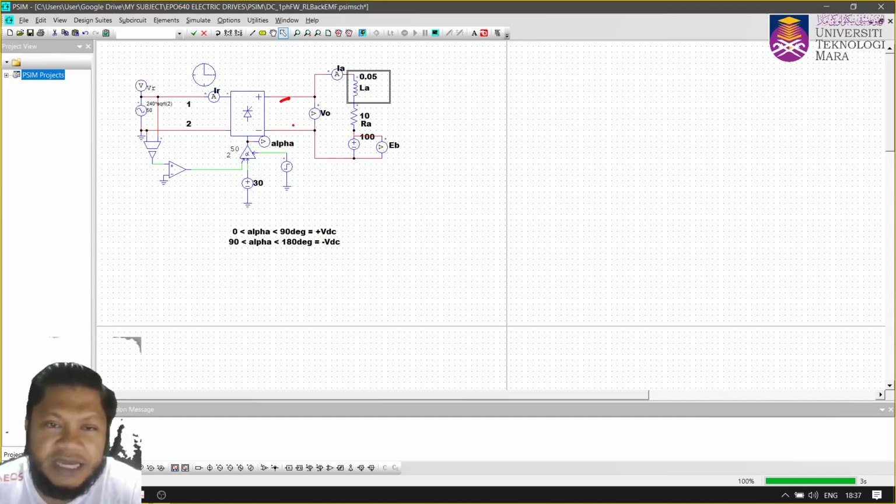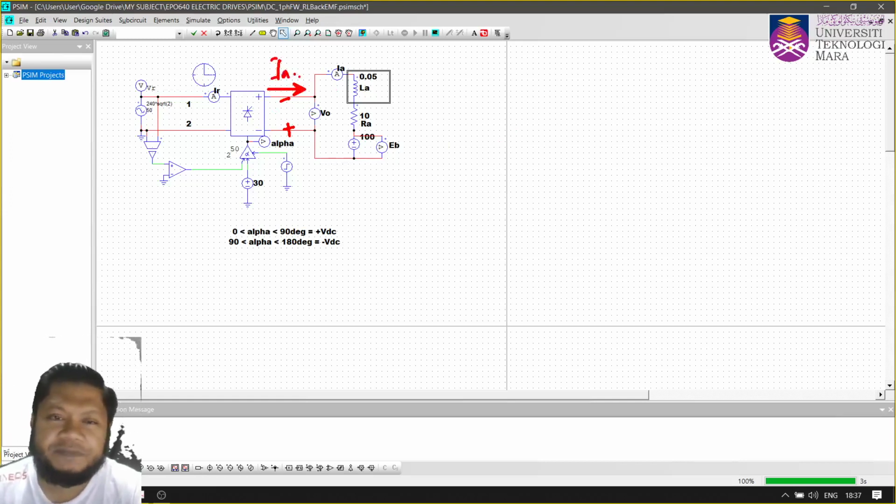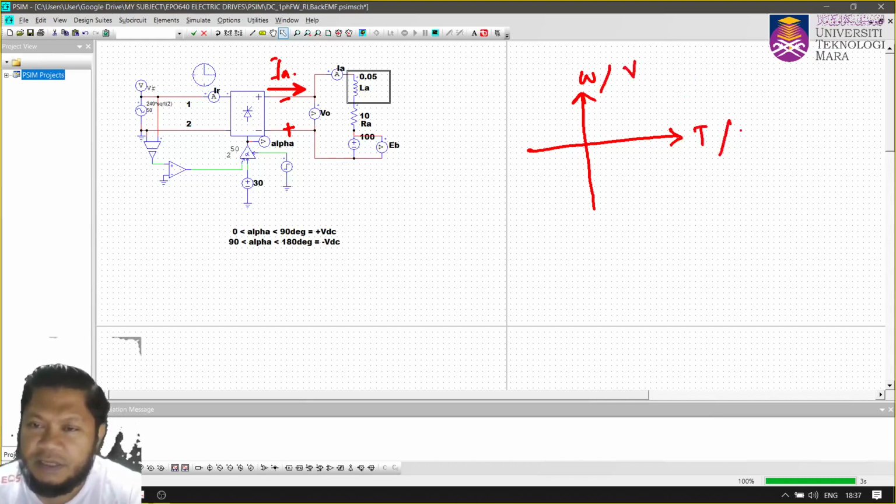It will be negative instead of positive. The current is still flowing in the same direction, I_a, so we have omega and torque, which can also be represented by voltage against current I_a.